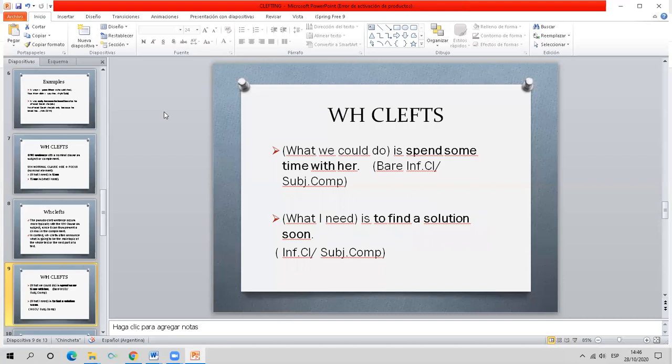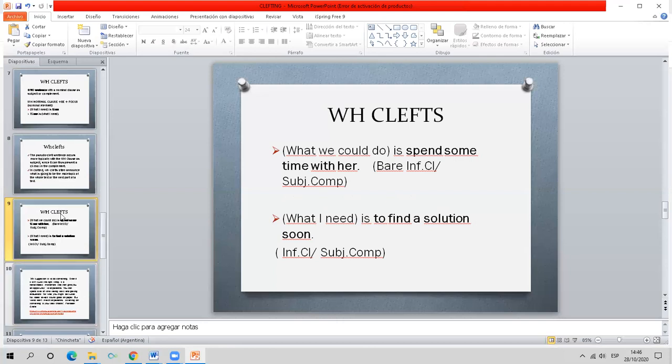You have here, the complement is a bare infinitive clause. What I need is to find a solution soon, where you have an infinitival clause as the subjective complement. This comes from the unmarked version. In the first case, it would be, we could spend some time with her. And in the second one, I need to find a solution soon, okay? Those would be the unmarked versions.